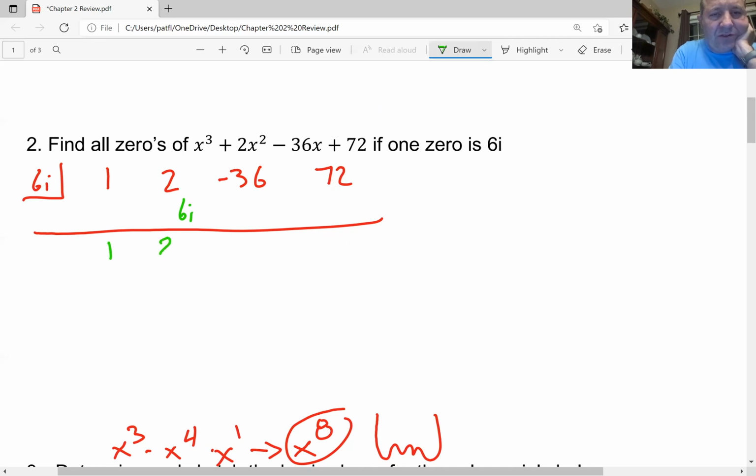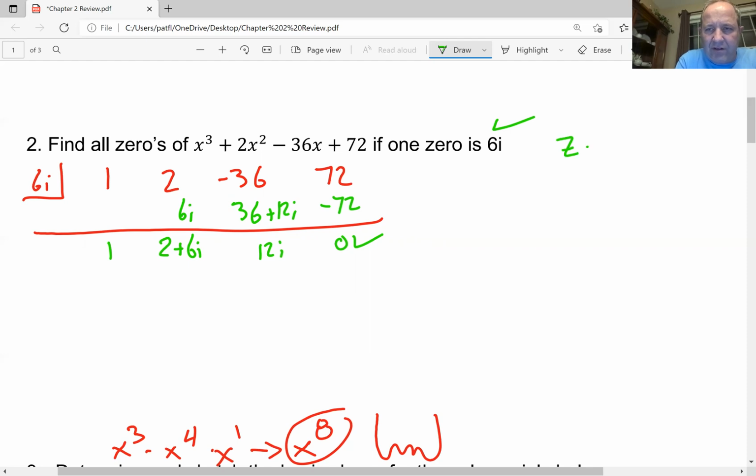Add those up would be 2 plus 6i. If I multiply this, we would get 36 plus 12i. Add those up would be 12i. Multiply again would be -72, gives us a 0. Perfect. 6i is a 0.